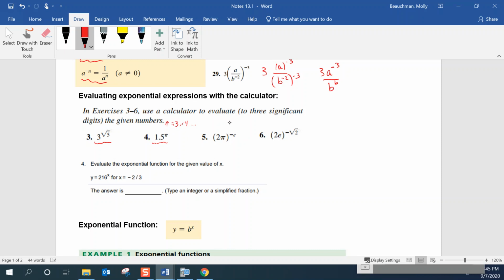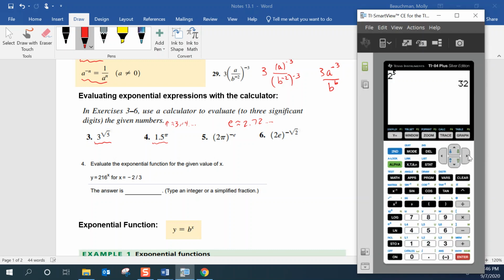E, if you don't know what e is, it's the Euler number. It's approximately 2.72, and it goes on forever like pi does. So we're going to use the calculator to estimate, and the key is really to not round anything.